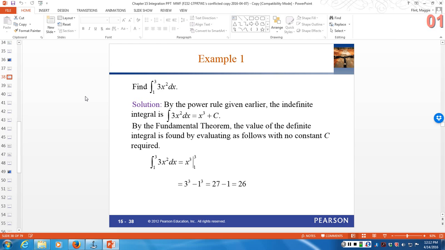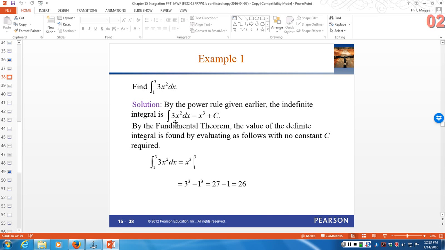For example, here we have the integral from 1 to 3 of 3x squared dx. We've already talked about this, so this is just, since you took the test, kind of reminding you.